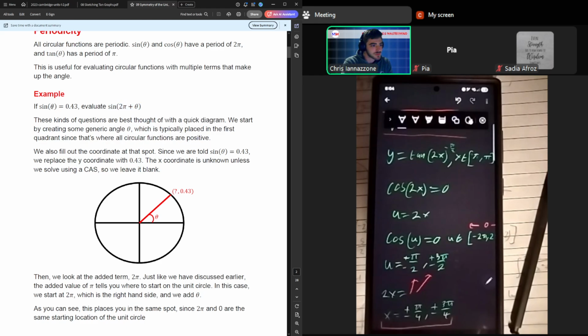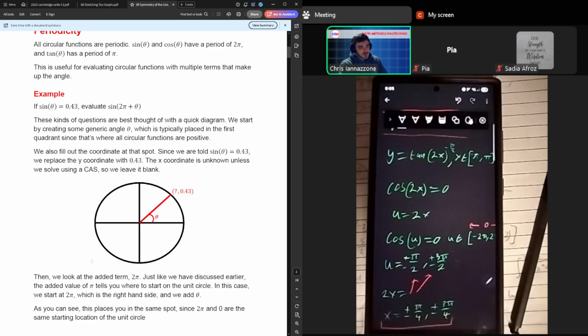The thing that will be different is whatever's in the brackets of the circular function. So instead of just sine theta, you now have sine of 2 pi plus theta. Pretty much every time, it'll just be sine something, cos something, tan something equals whatever. There won't be anything super crazy in the brackets.